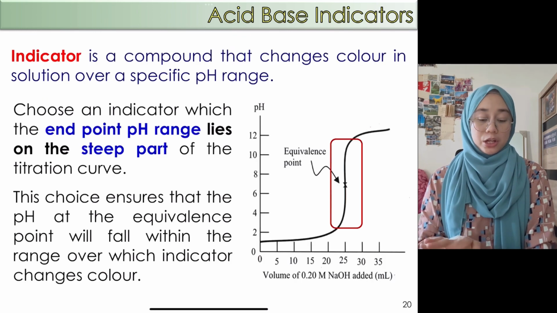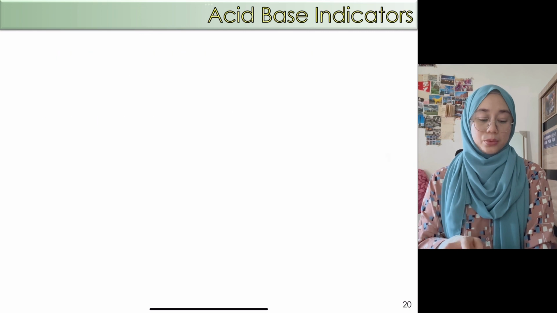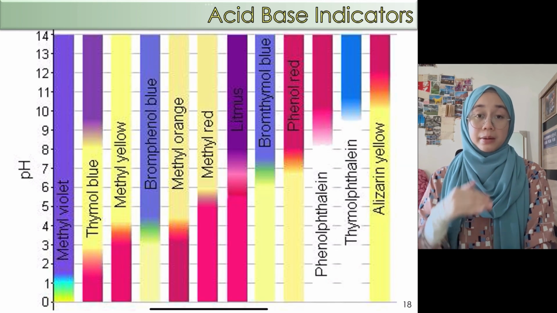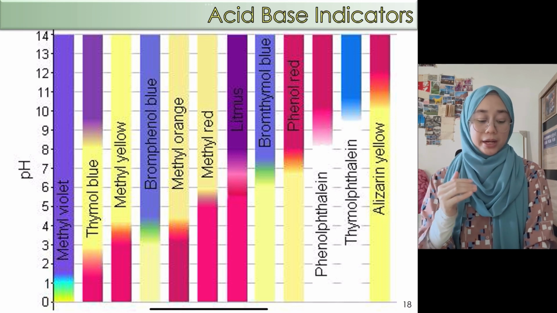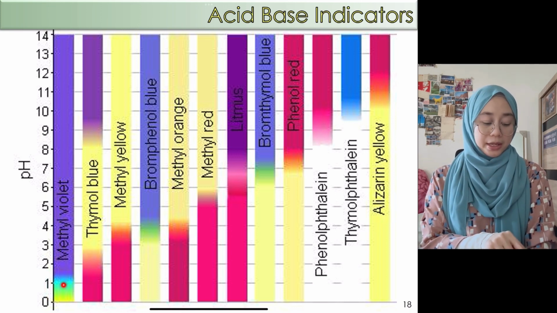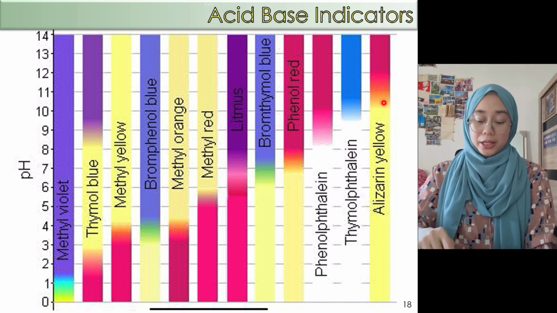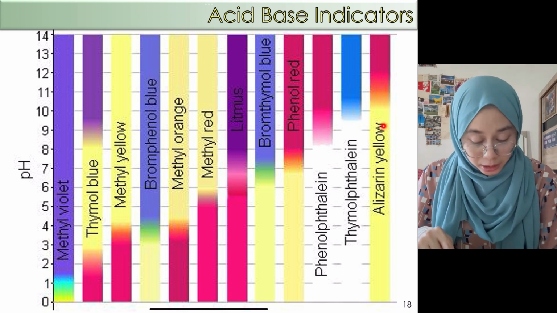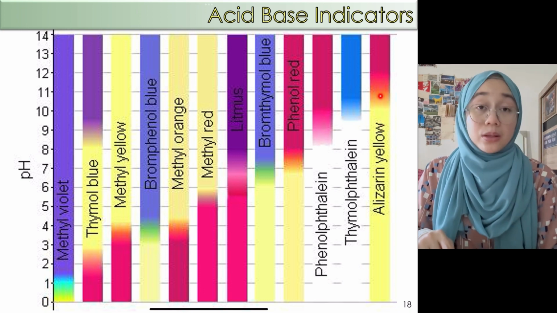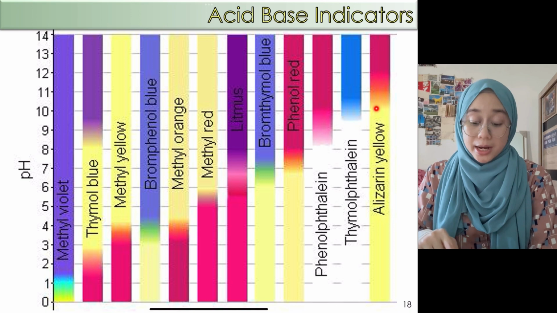Okay, so kalau kita tengok balik dekat sini tadi, we can see that the indicator dia start berubah warna at a different range, right? You can see that methyl violet ni dia start berubah warna between 0 to 2, dah kita boleh nampak perubahan warna tu. Okay, tapi kalau kita tengok alizarin yellow, it changes dekat area 10 to 12 baru dia berubah warna dekat sini.